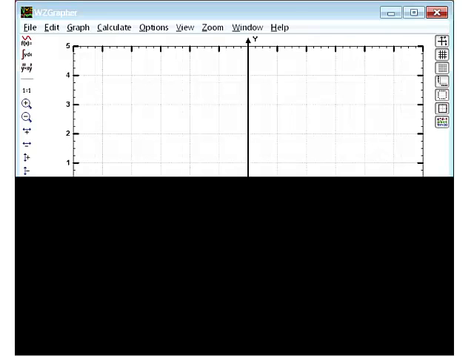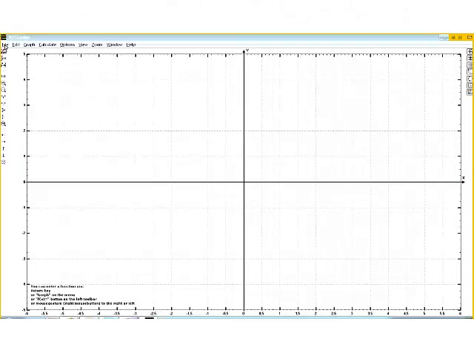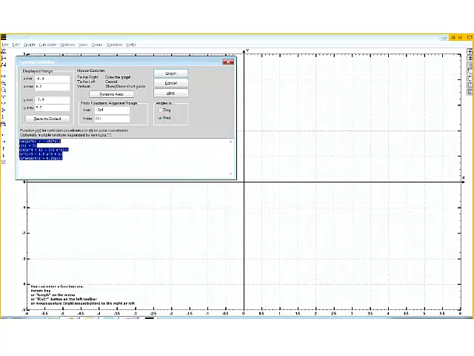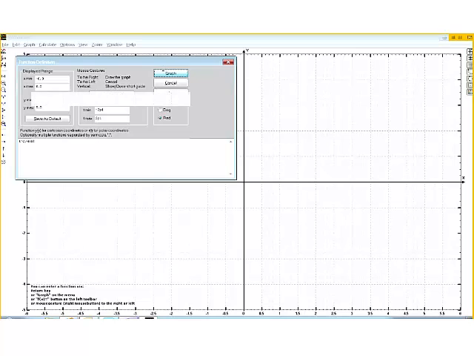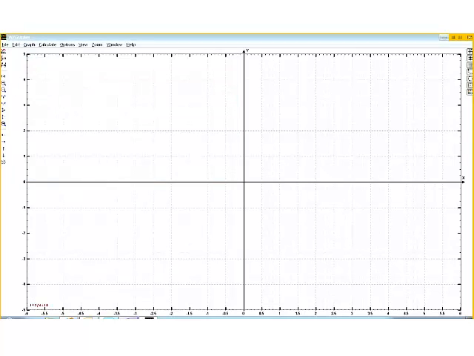Here's the graphing program. Let's make it bigger. Enter the equation. So the solution is going to be t squared divided by 4 plus 10. Don't see anything. That's because it's probably out of the bounds.